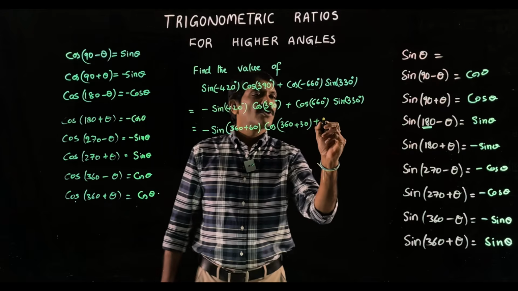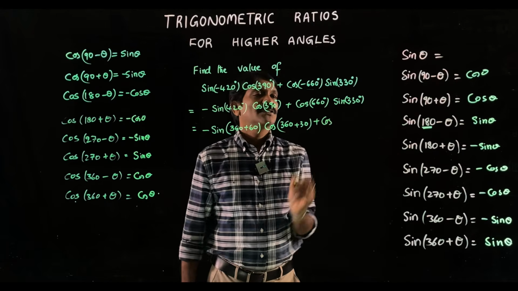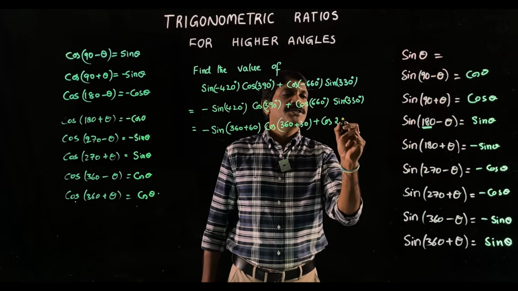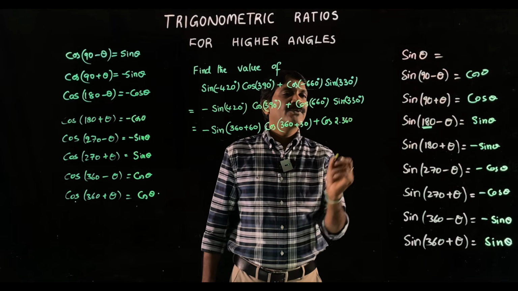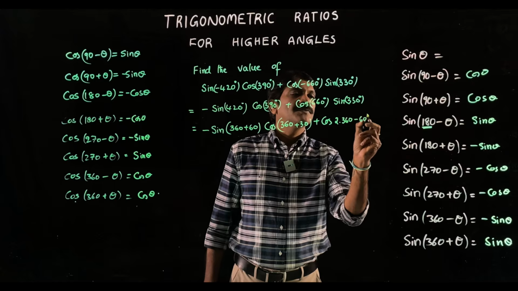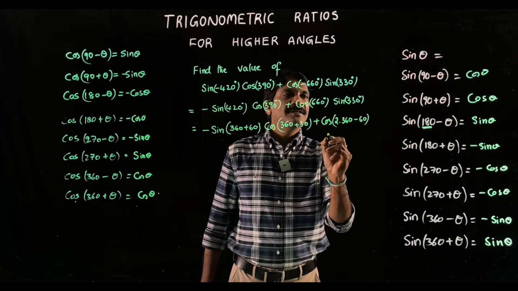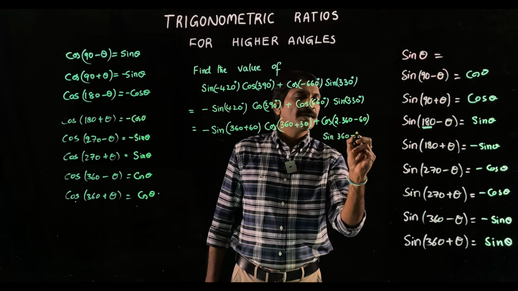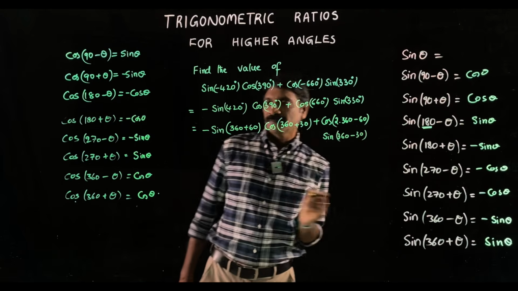Plus cos of 2 times 360, that is 720, minus 60, and sine 330 can be written as sine of 360 minus 30.